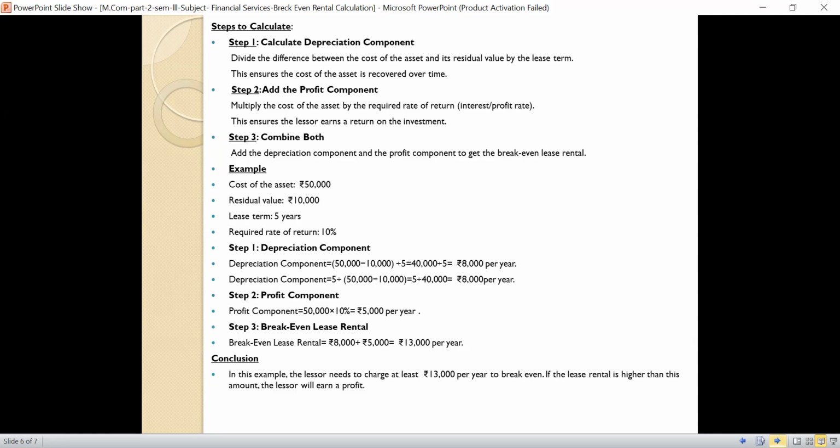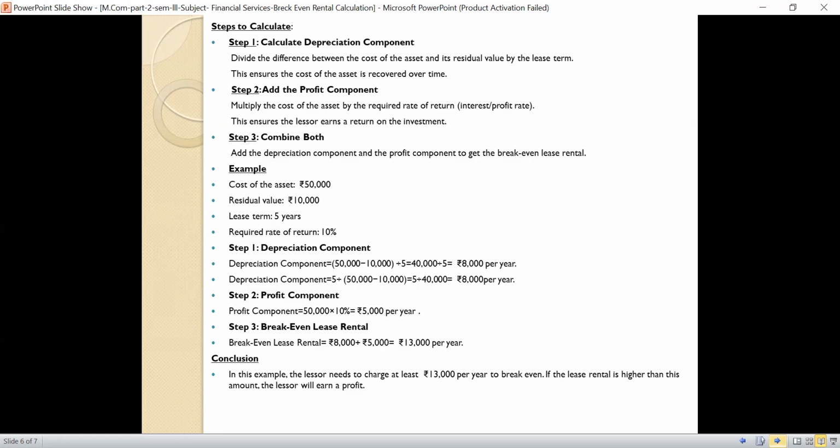Depreciation component is equal to cost of assets 50,000 minus residual value 10,000 divided by the lease term of 5 years. So the amount will be 40,000. Then 40,000 divided by 5 years is equal to rupees 8,000 per year.